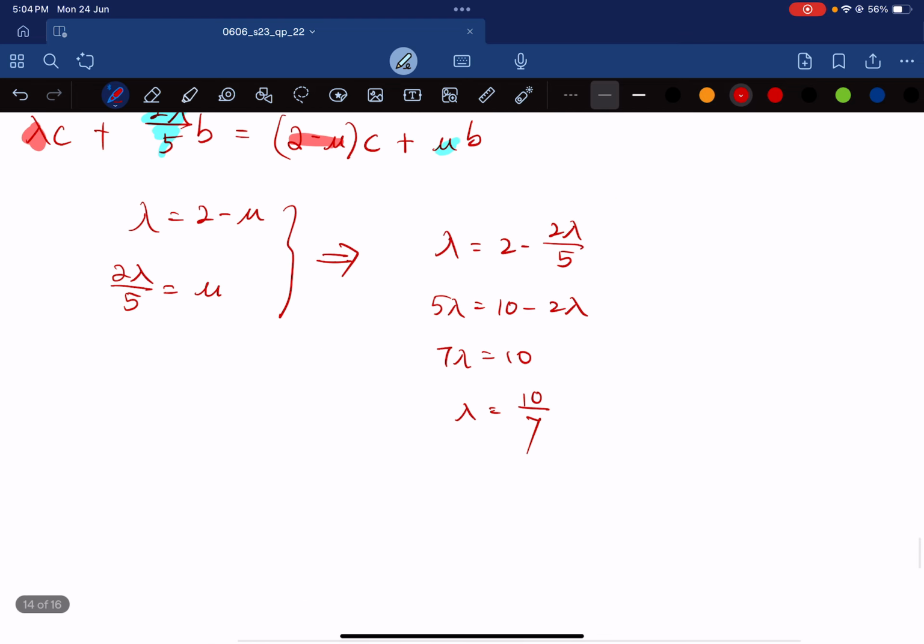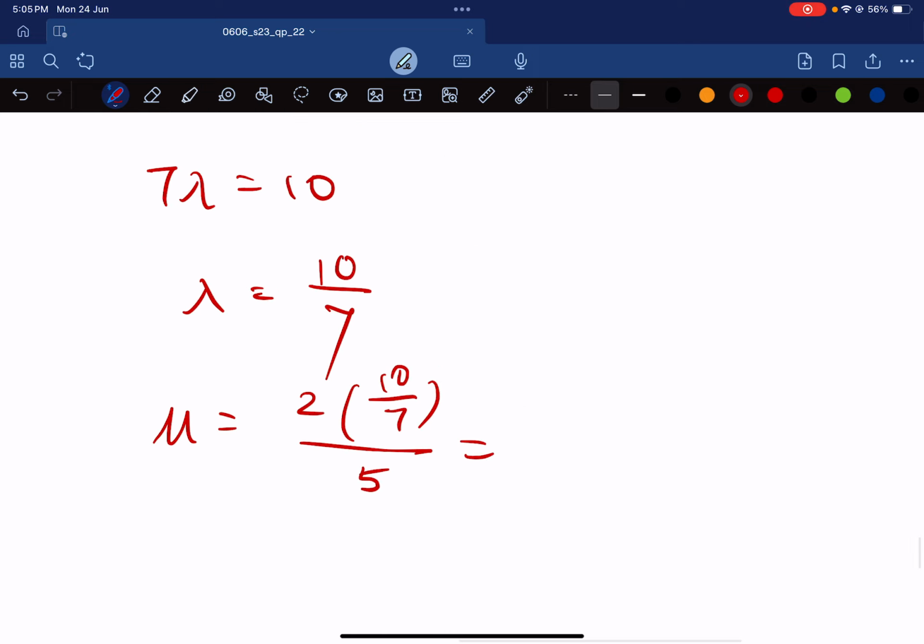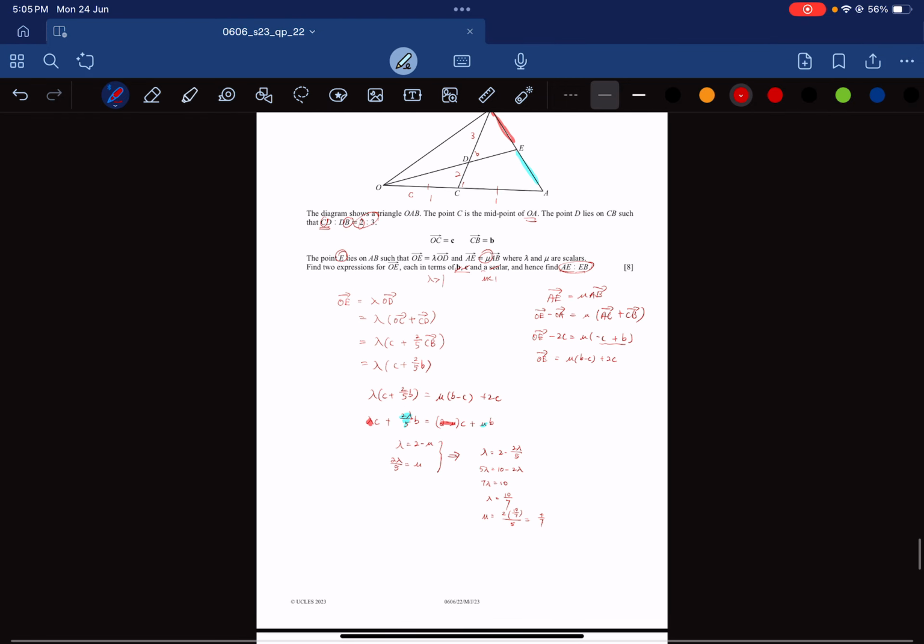And what is mu? Mu would be 2 times lambda over 5, so 20 divided by 35. So it's 4 over 7. So mu is 4 over 7, which means AE is 4 over 7 AB.